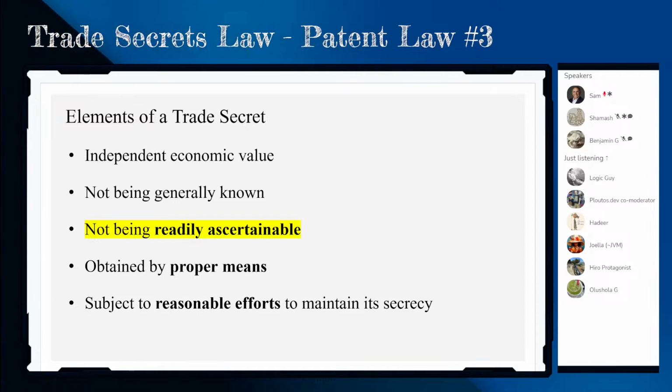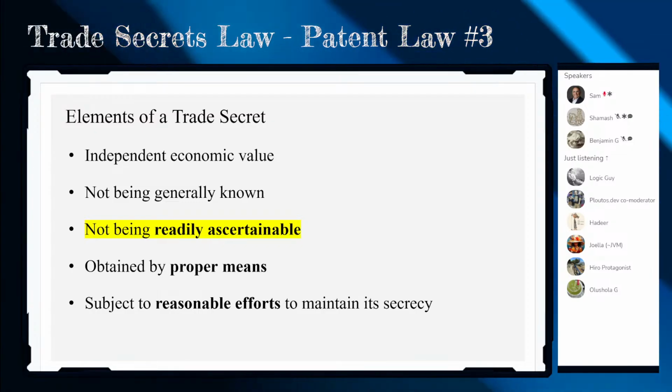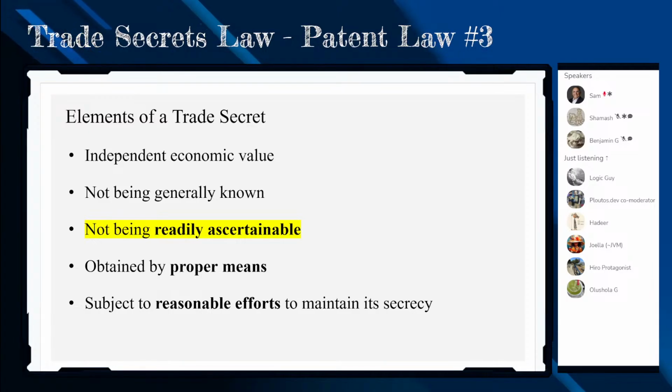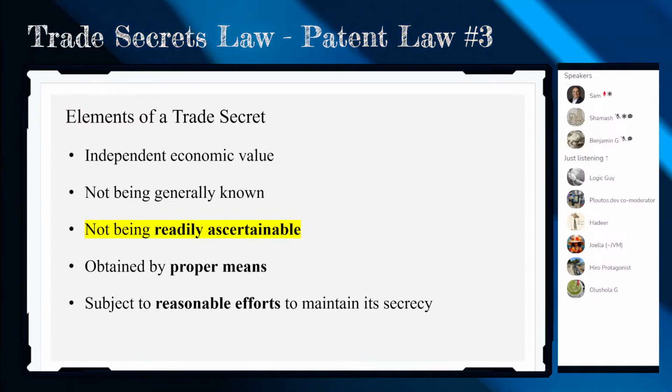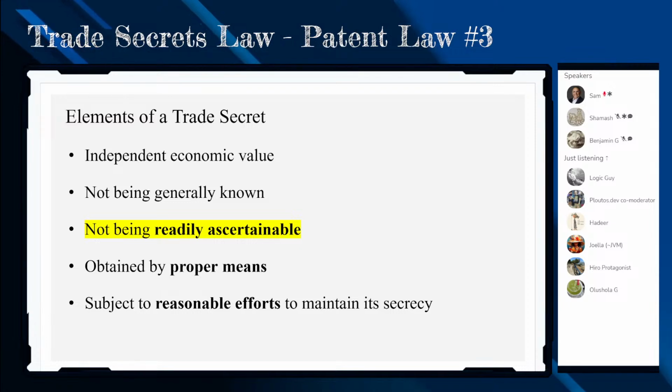Would justice tell us that this would be readily ascertainable or not? Would justice tell us that these efforts were reasonable or not? The people who determine whether justice was served is the jury. So ready ascertainability, propriety of the means, and the reasonableness of the efforts are all governed by society's norms, which the jury represents.